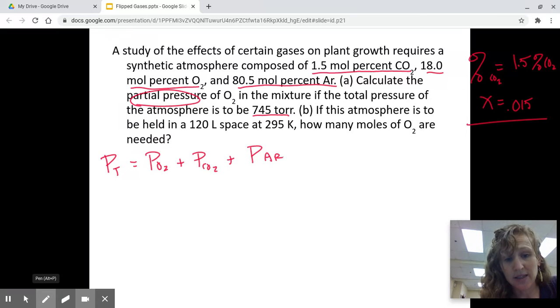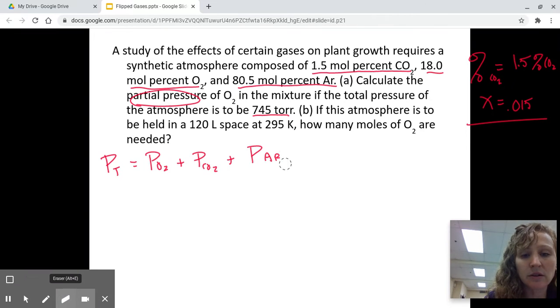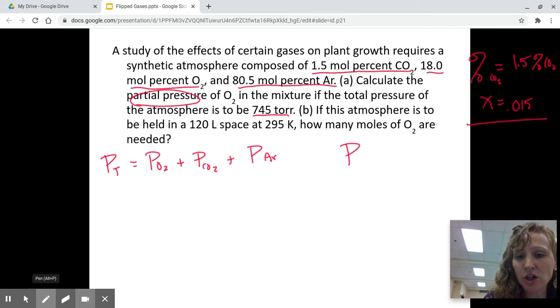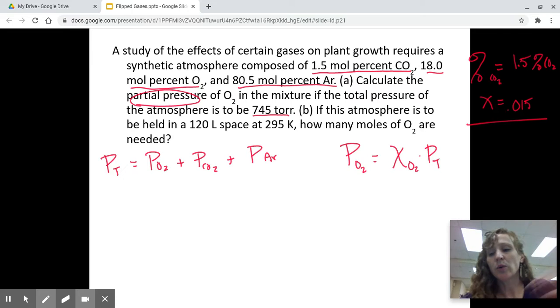That could relate. It could also be pressure of O2 equals the mole fraction of O2 times pressure total. So after you identify what equations relate to what you're given, what you want to think next is, which ones do I have?